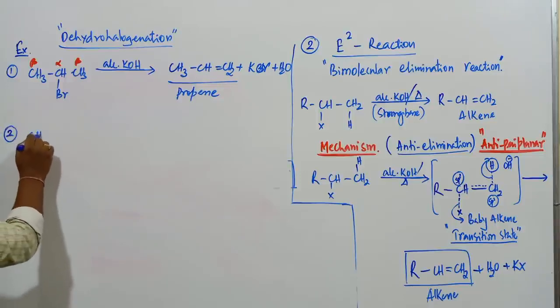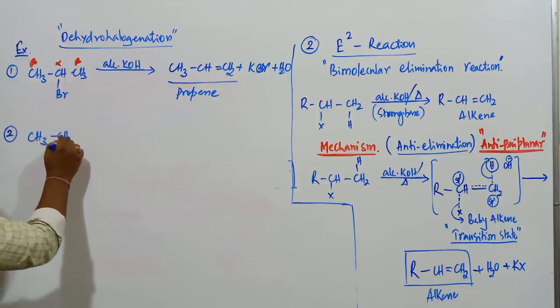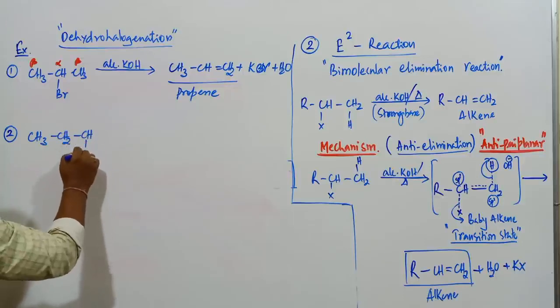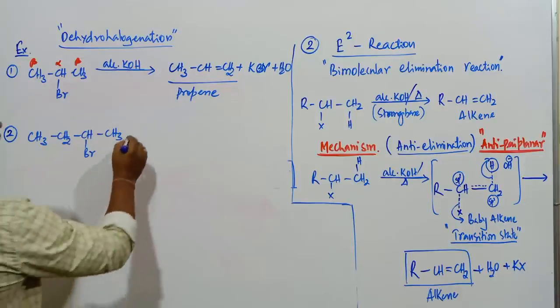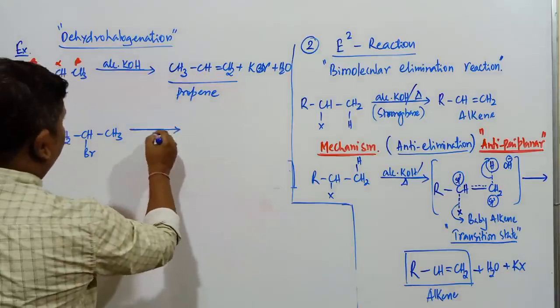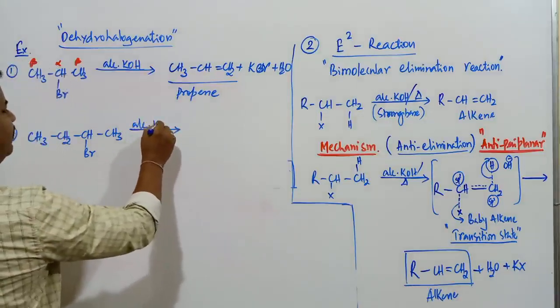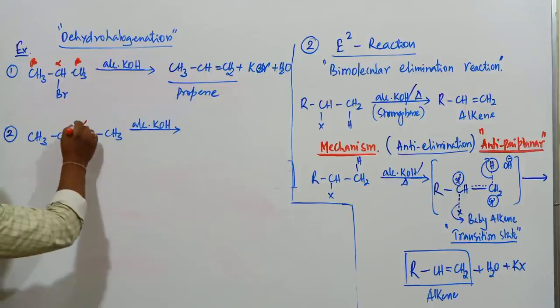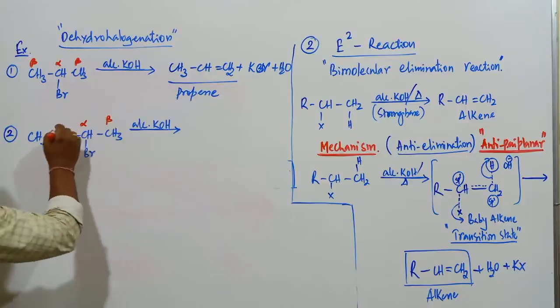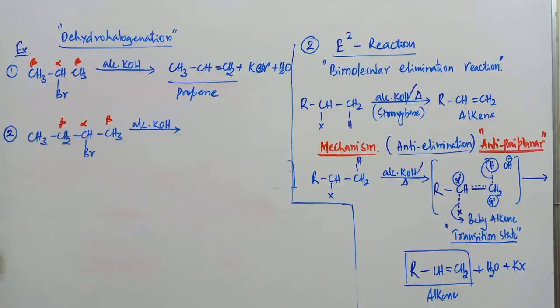Right. Another example, if I consider this is CH, it is Br, next one is CH3. When this particular compound is subjected to dehydrohalogenation in presence of alcoholic KOH, which is the alpha carbon atom here? In case of this compound, this is alpha, this is beta and this is also beta.